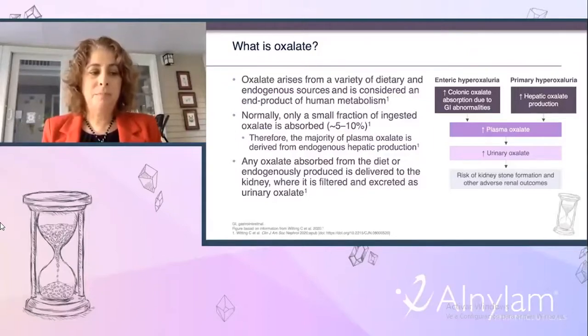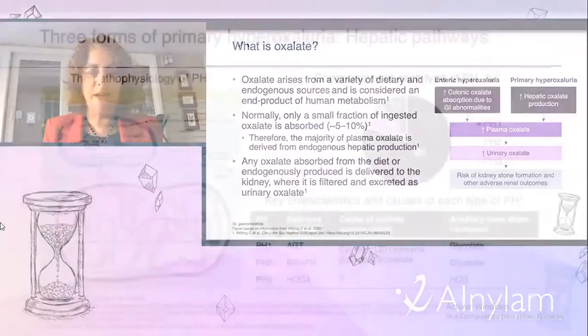In addition, bile salts and fatty acids increase intestinal permeability and further facilitate oxalate absorption into the blood. This leads to an increase in plasma oxalate, which is excreted into the kidney, increasing urinary oxalate and increasing the risk of kidney stone formation. Primary hyperoxaluria results from increased hepatic production of oxalate, and we'll discuss that physiology next.